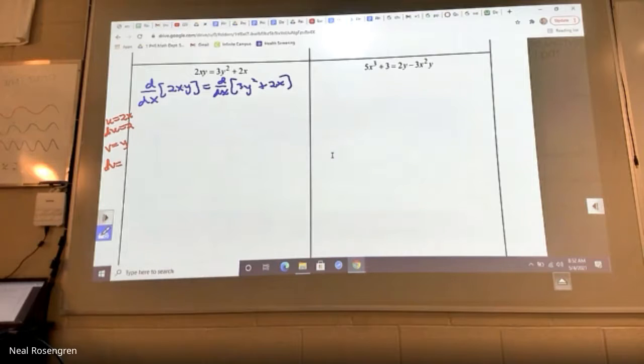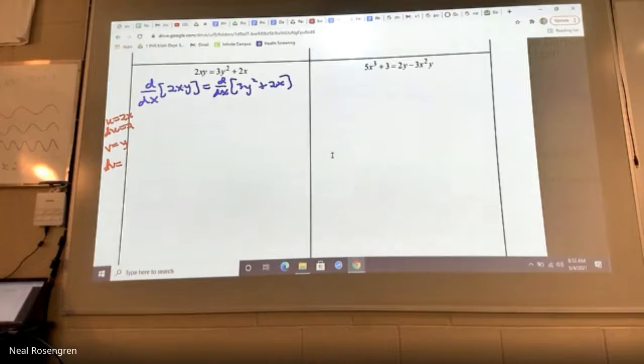Remember, when we first looked at product rule, quotient rule, chain rule, when we found du, I said, all right, listen, I know we're just going to write du, but it's really du/dx. We're going to find the derivative of this with respect to x. Same thing for dv. I'm just going to write dv, but what is it really? It's dv/dx.